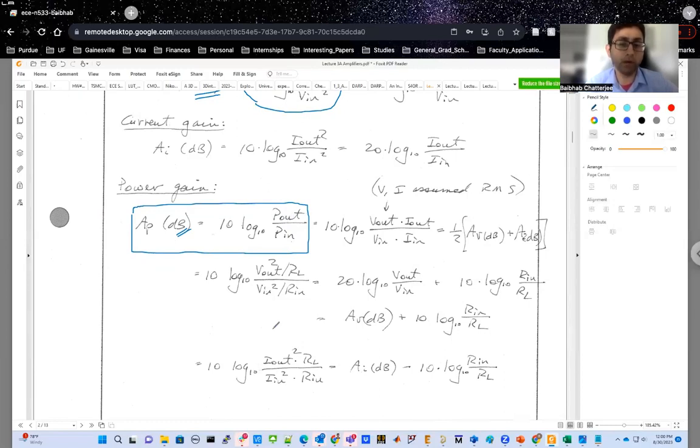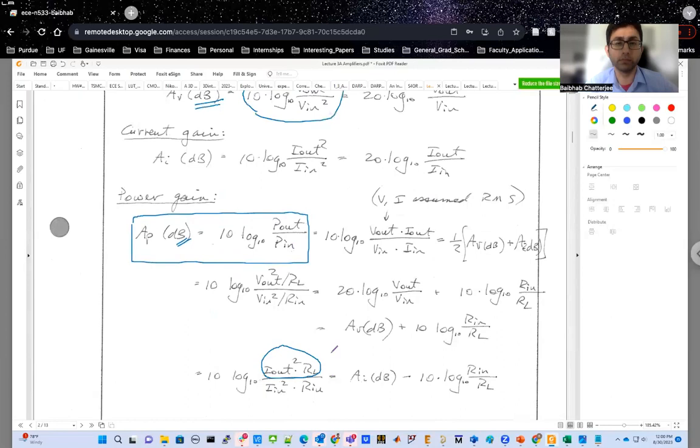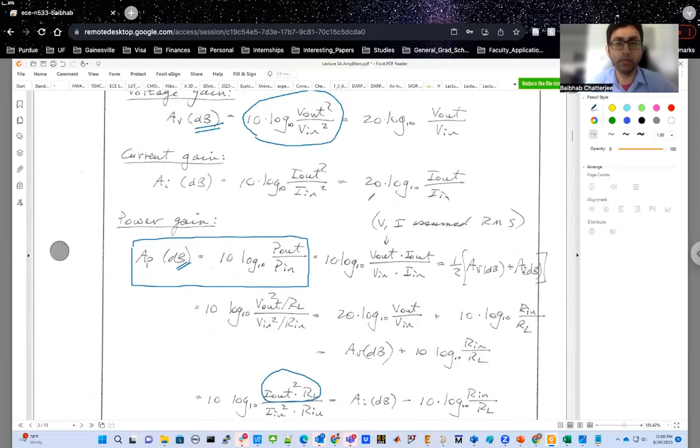So the overall power can be written as current squared multiplied with resistance. And again, if you assume that your RL and Rin are equal, then the current gain in dB scale becomes 20 log 10 of I out over I in, or 10 log 10 of I out squared over I in squared.